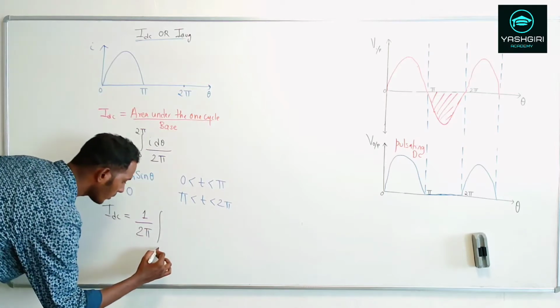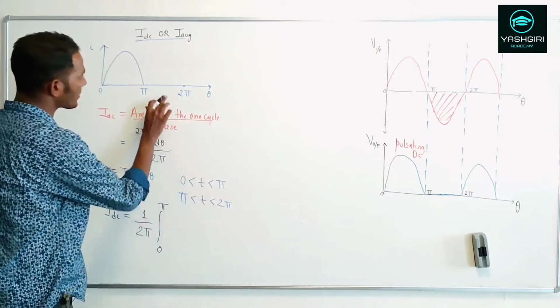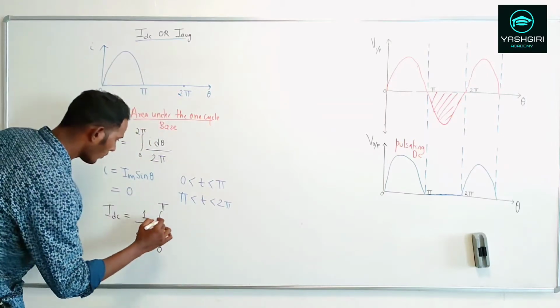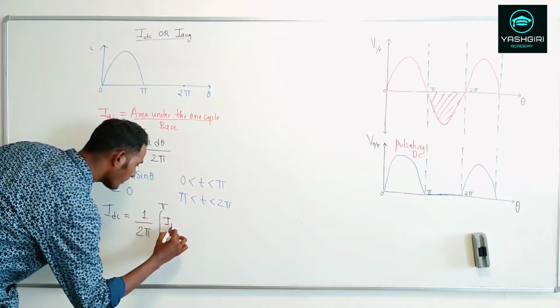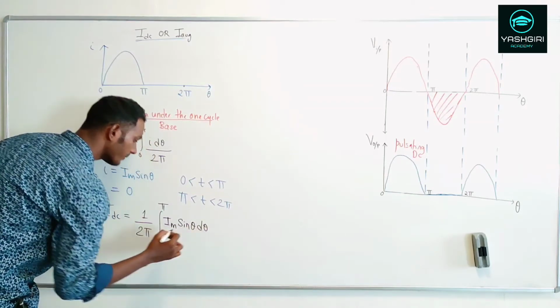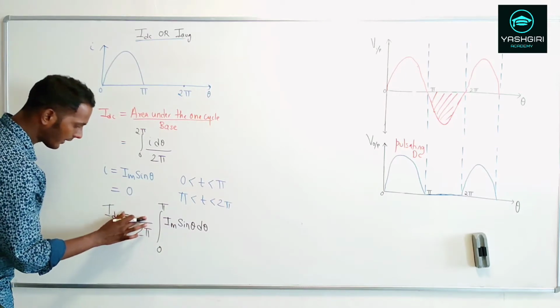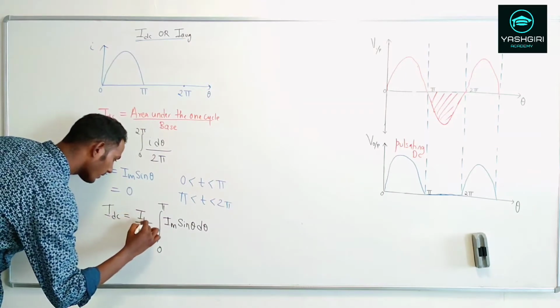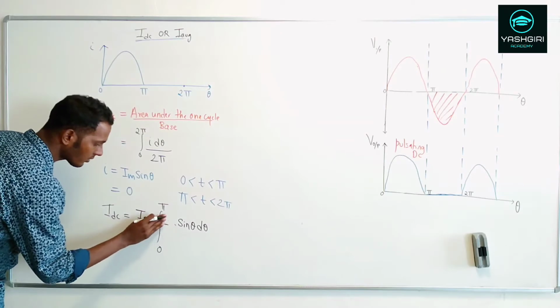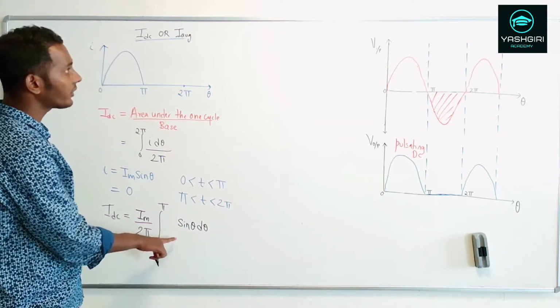So I'll just go with 0 to pi because there is no current from pi to 2 pi. So what I can write is Im sin theta d theta, and here Im is a constant, so I can take it out, so it's sin theta d theta. So I have to integrate it now.